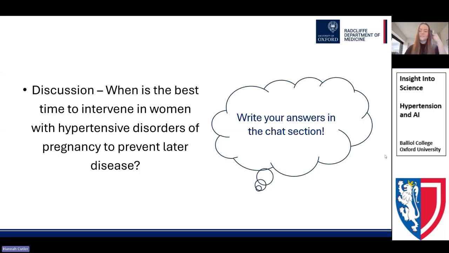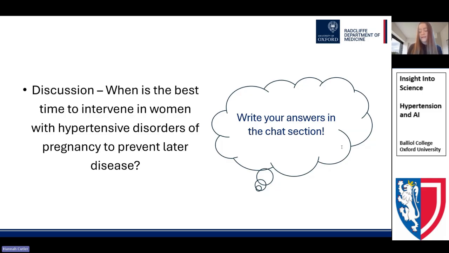Yeah, exactly. So as soon as possible before and then monitoring throughout is a really good answer. Yeah, and also when you first identify the symptoms, exactly, really good.